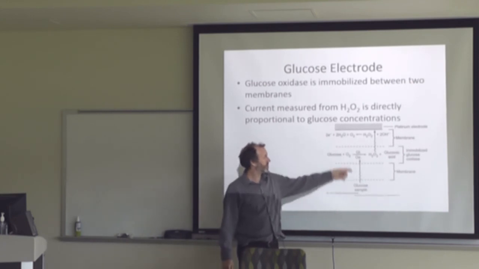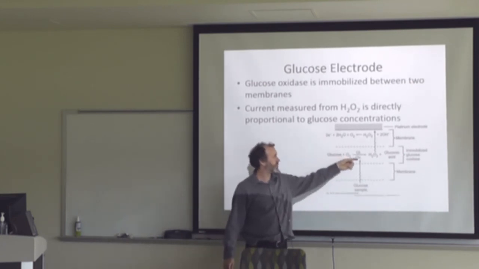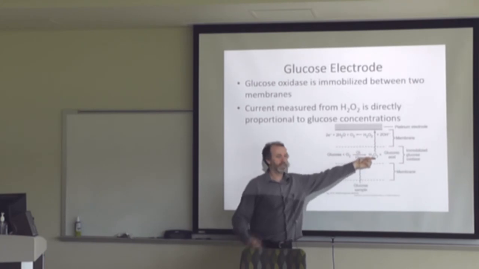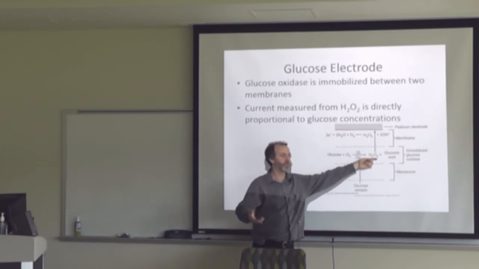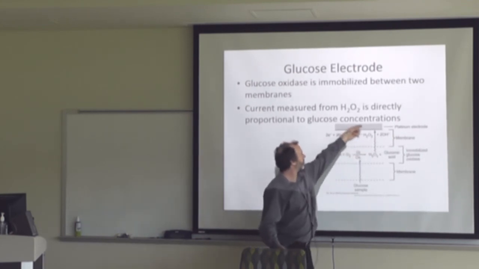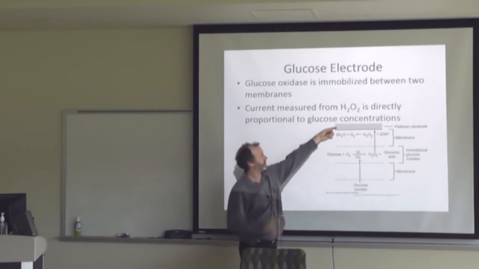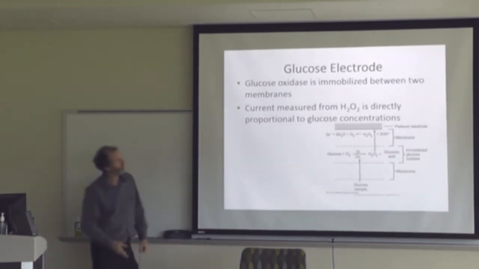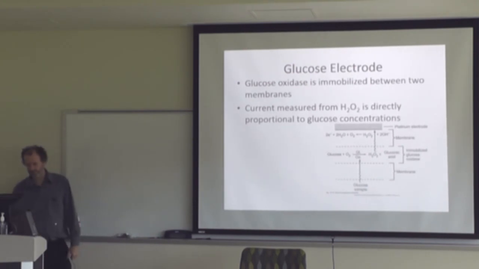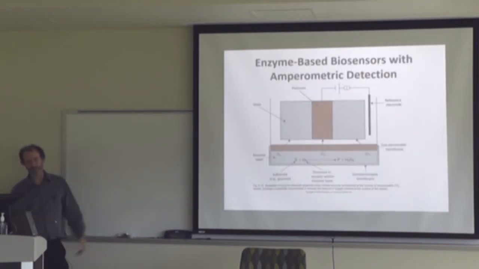So the amount of glucose that reacts with the glucose oxidase tells you how much there is: the more glucose you have, the more hydrogen peroxide you'll produce, meaning the more electrons you'll get at the platinum electrode, and the more current you'll read. Does that make sense? So this is an enzyme-based biosensor.